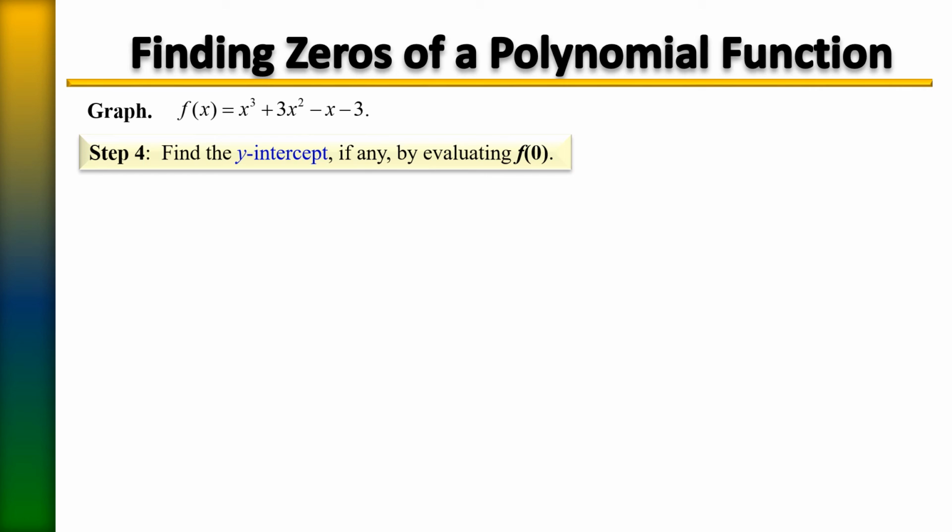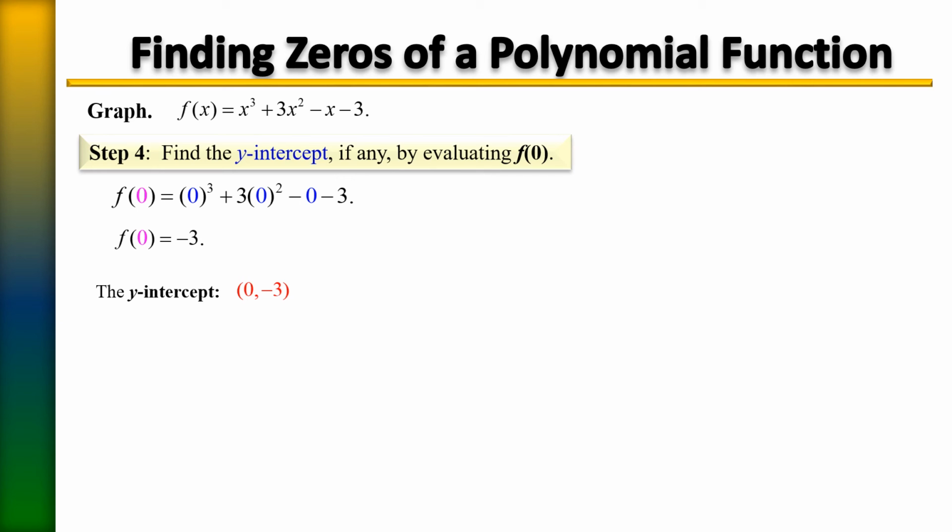So we're going to evaluate this function for 0, and we can clearly see that everything cancels out except that -3 in the back. Therefore, f of 0 equals -3. In terms of an ordered pair, it's going to touch the y-axis at (0, -3).